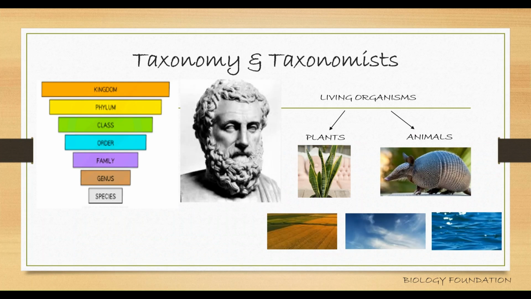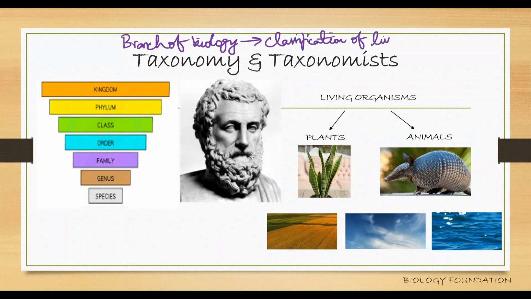Okay. So now what is taxonomy? Taxonomy is a branch of biology that basically deals with classification of living things. As I told you, there are innumerable living organisms on planet Earth.